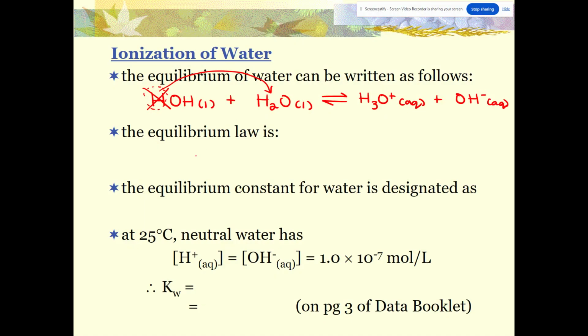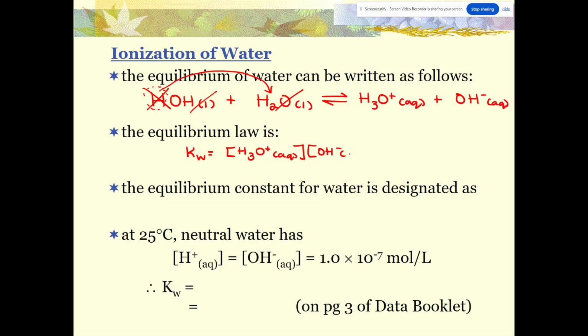If I were to write the equilibrium expression of this, which we call Kw, because we don't include liquids, it would be the concentration of the hydronium ions times the concentration of the hydroxide ions.